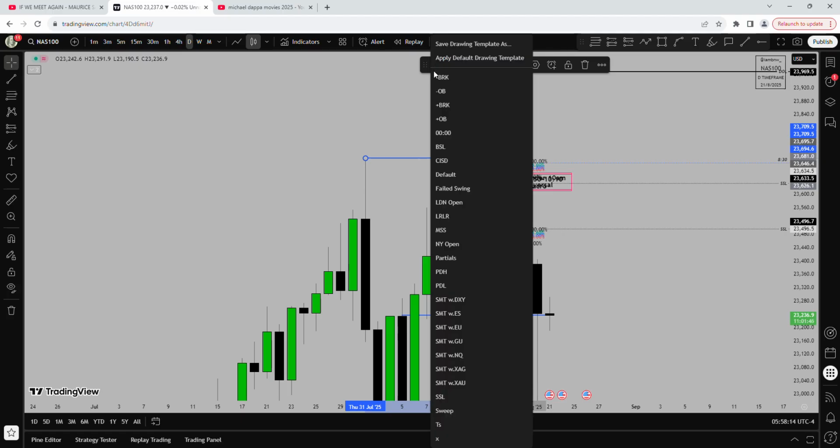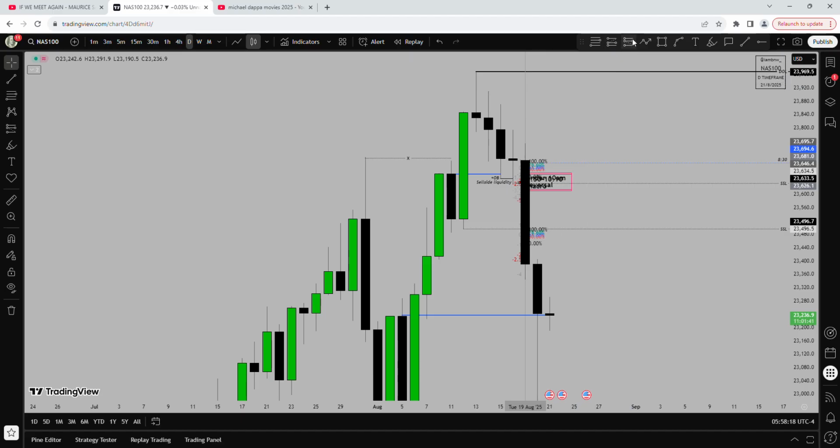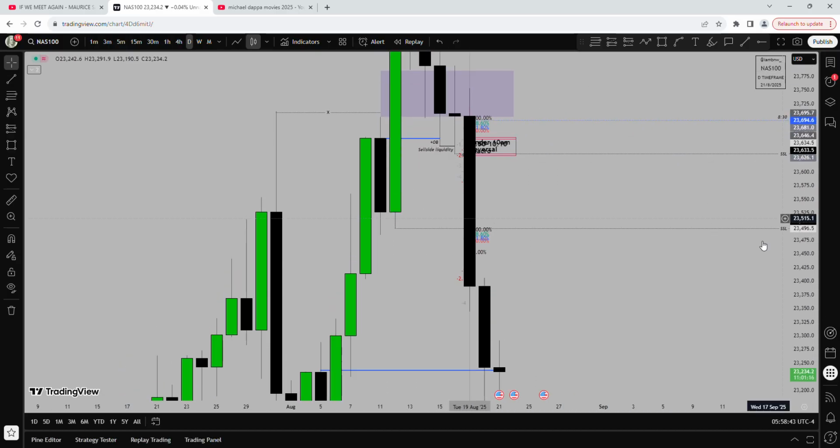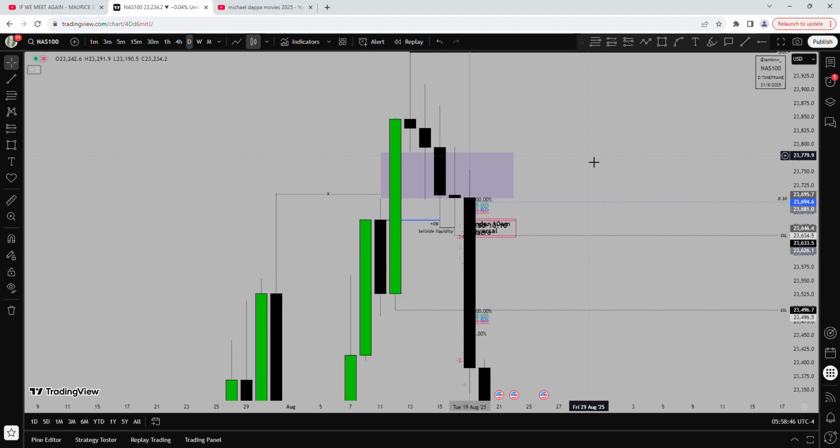So this is a swing high that got taken, and price closed not necessarily below this imbalance to then define it as an IFVG.